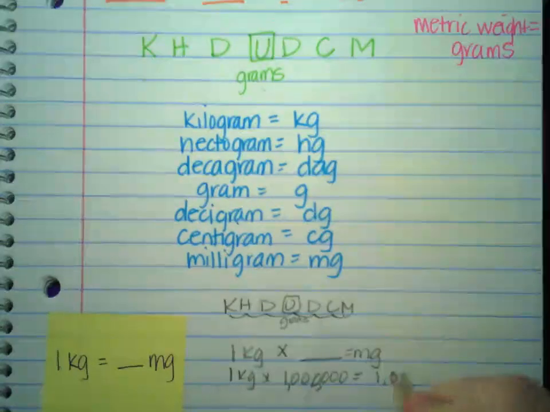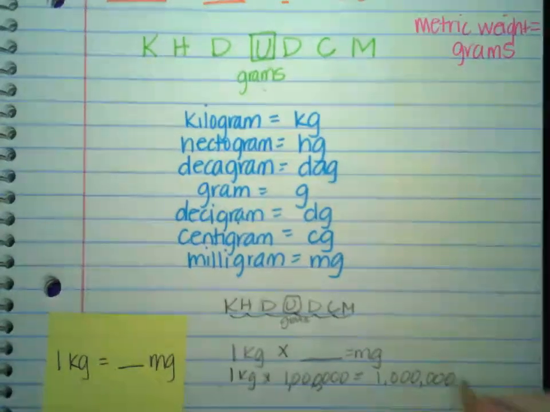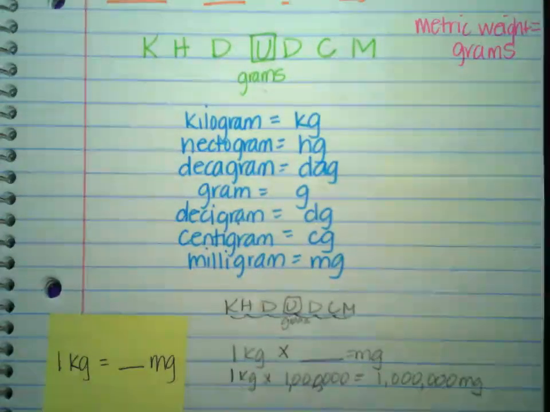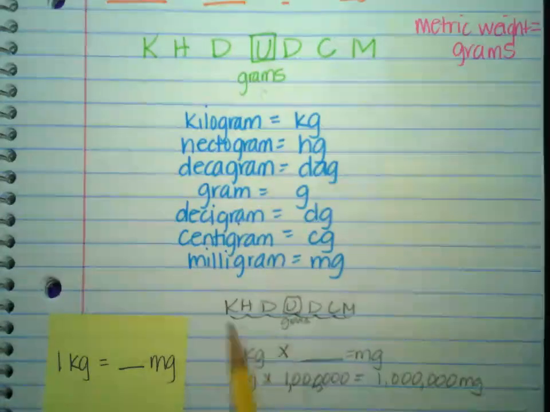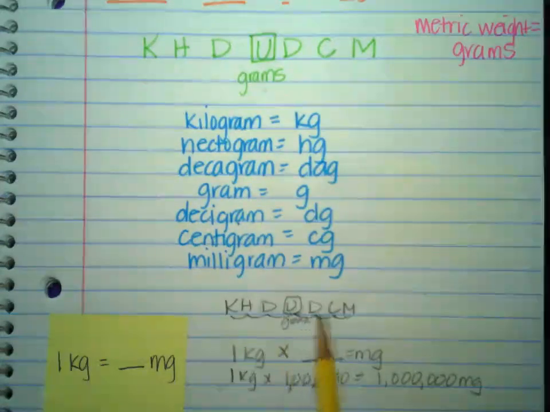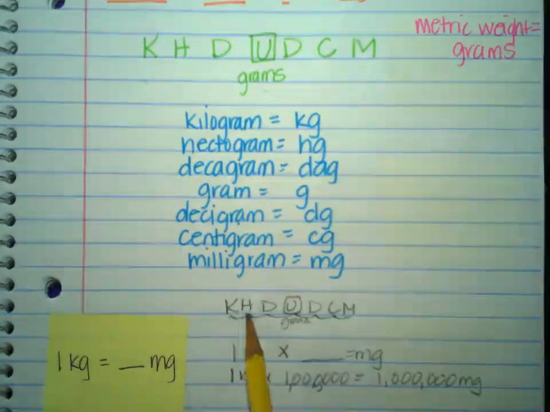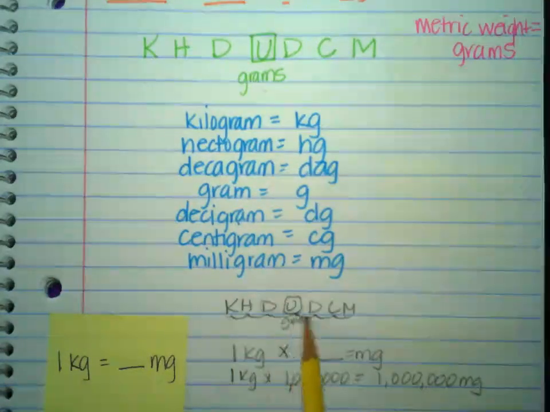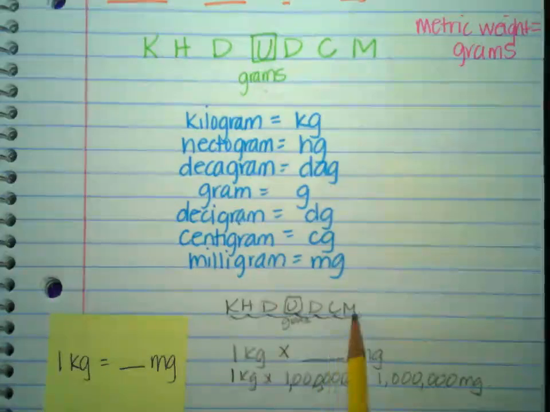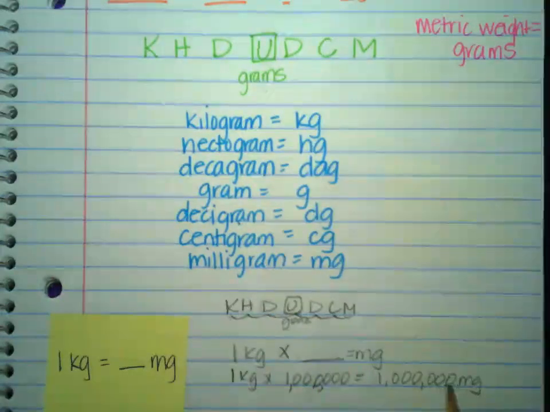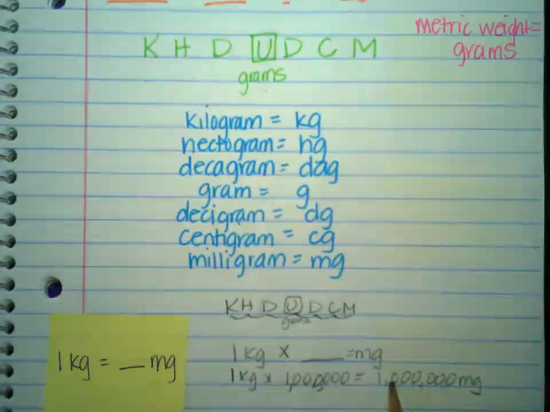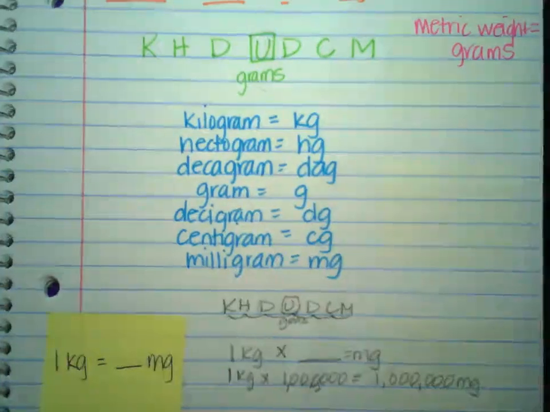It's going to equal 1 million milligrams. I can check my work by saying, how many times did I jump? 1, 2, 3, 4, 5, 6. And that's how many zeros I have. 1, 2, 3, 4, 5, 6. Do you see that?